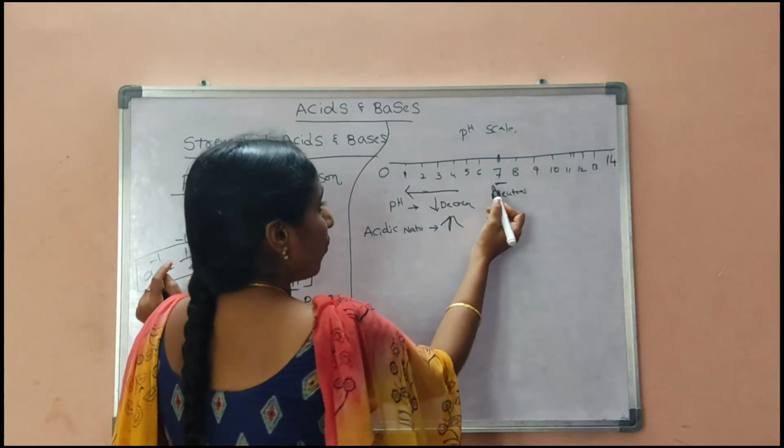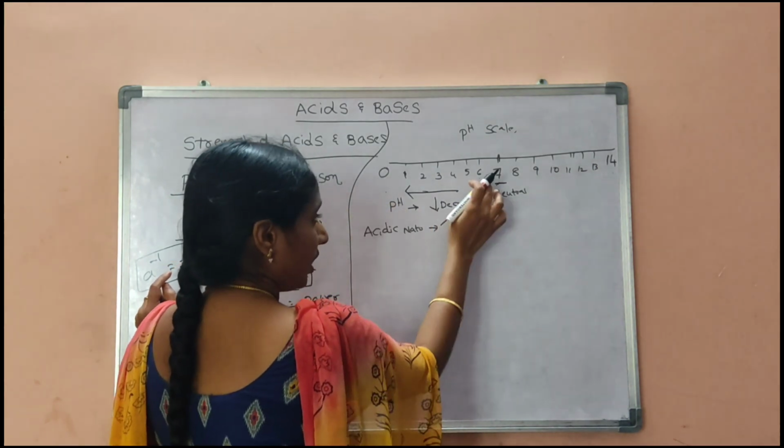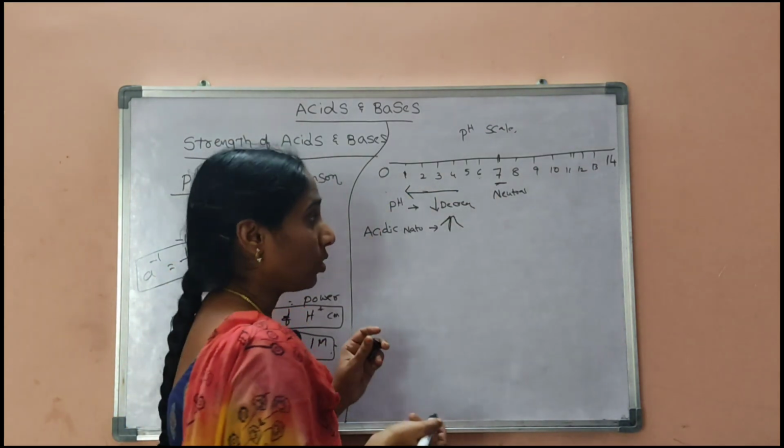Why? From 7 to 0, the acidic nature is increased.